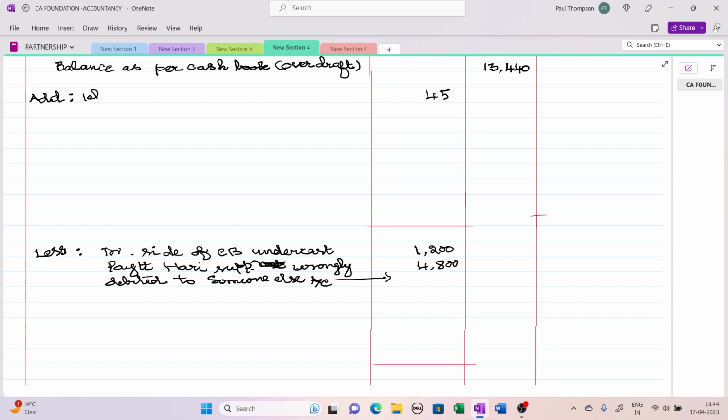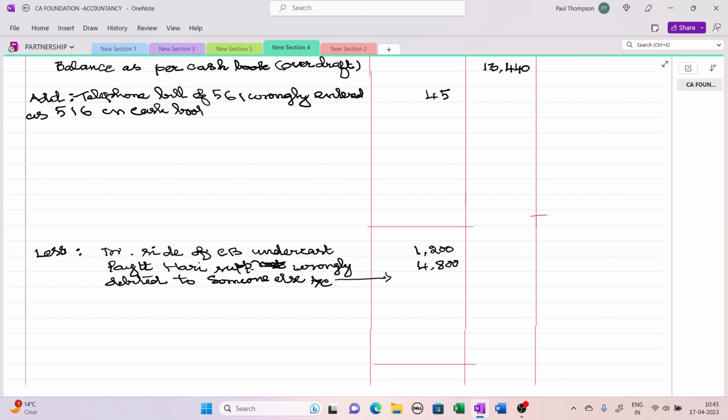Telephone bill of 561 wrongly entered as 516 in cash book.